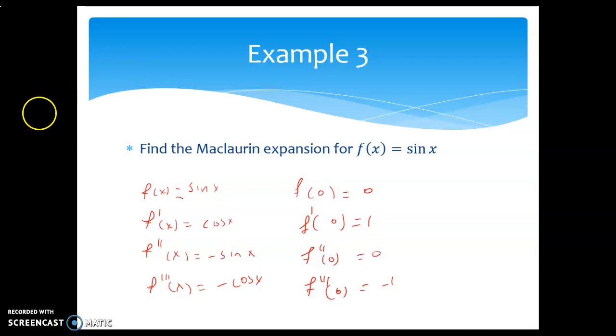And then according to the Maclaurin series, sine of x is equal to x minus x cubed over 3 factorial plus x raised to the power 5 over 5 factorial minus x raised to the power 7 over 7 factorial plus, and in general, the sum of negative 1 to the n times x raised to the power of 2n plus 1 over 2n plus 1 factorial. So this is how it's going to look.